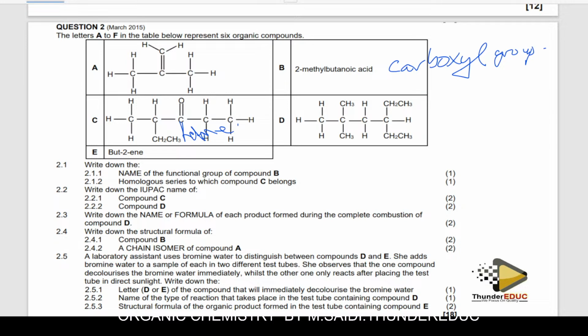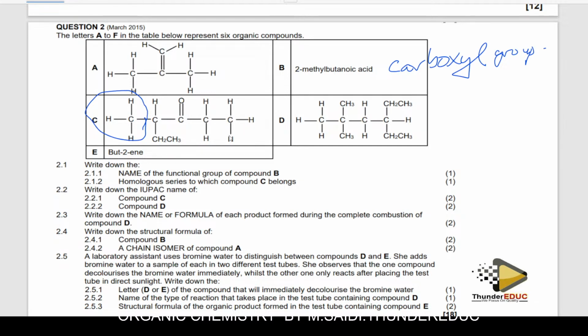Compound C is this. Let me rub off so that I write it clearly. You see, 1, 2, 3, 4, 5; 1, 2, 3, 4, 5, 6. So it means this becomes a side group, because the longest chain, I told you, doesn't mean that because it is bending, it's not the longest chain.